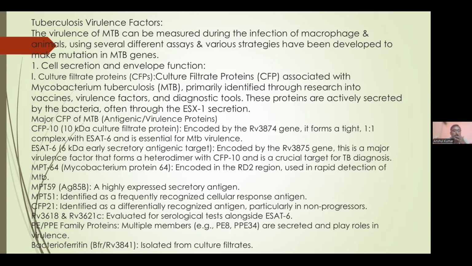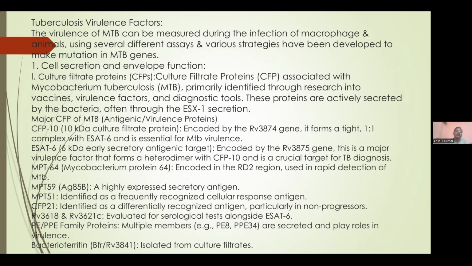And then comes the P and PP family proteins. Multiple members, E8, PP34, are secreted and play roles in virulence. Bacterioferritin, isolated from culture filtrate. So these are the isolated proteins from the cell secretion pathway and from the envelope, which are responsible for the virulence.